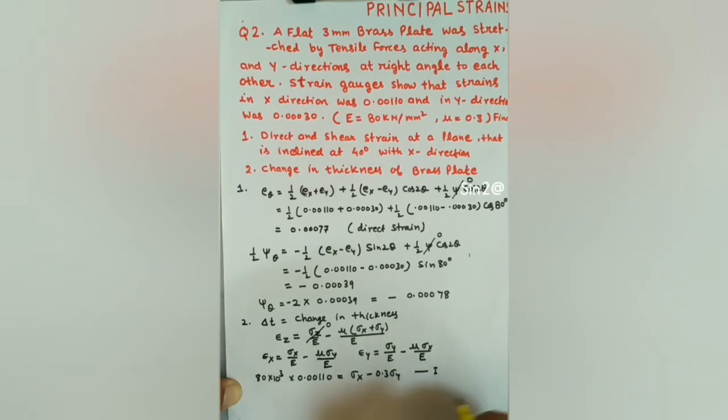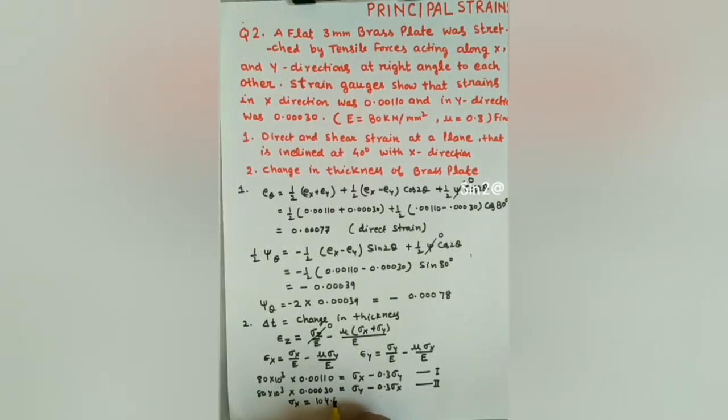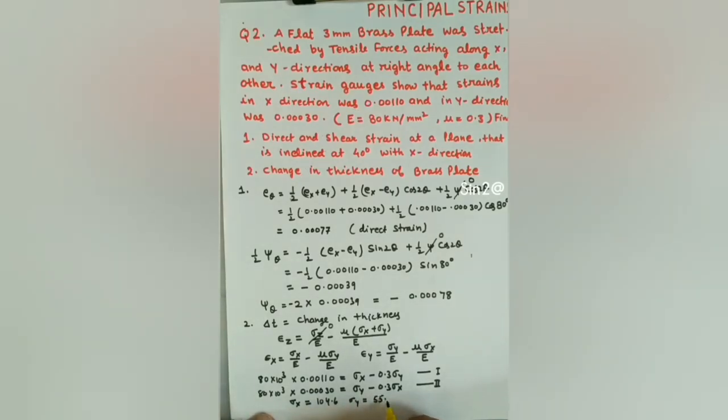This is equation 1, and from this we can write 80 into 10 cube, which is E, into epsilon y, which is 0.00030. That will be equal to sigma y minus 0.3 sigma x. This is second equation. Solving these two equations, we will get the values of sigma x equals to 104.6 and sigma y is equal to 55.3.